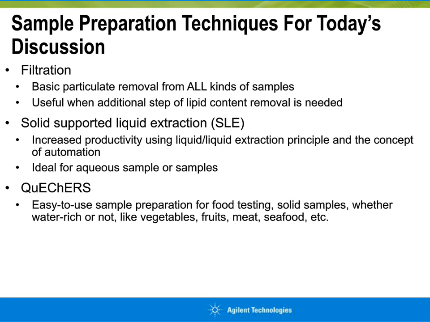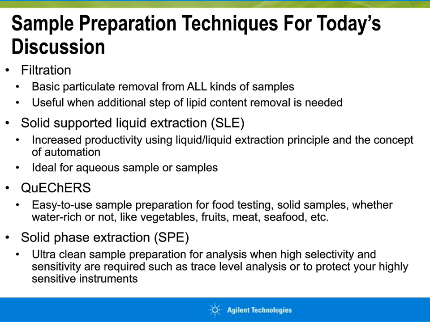It can be solid or liquid samples, water-rich or water-not, like vegetables, fruits, meats, seafoods, and solids. And then we'll end with solid phase extraction, which will offer ultra-clean sample preparation for the analysis when high selectivity and sensitivity are required, such as for trace level analysis to protect your highly sensitive instrumentation.